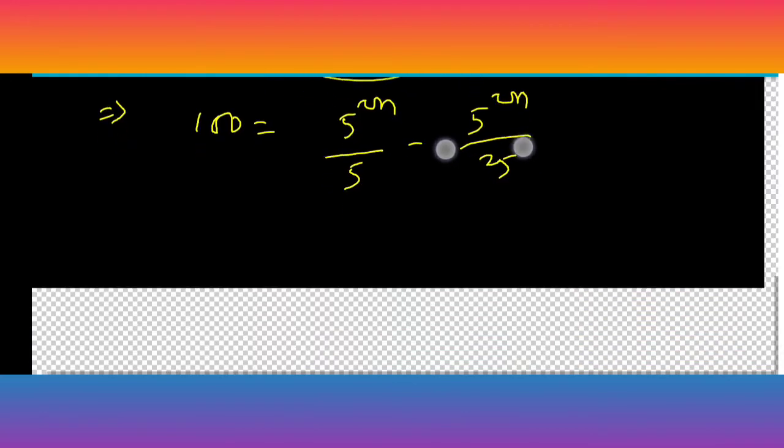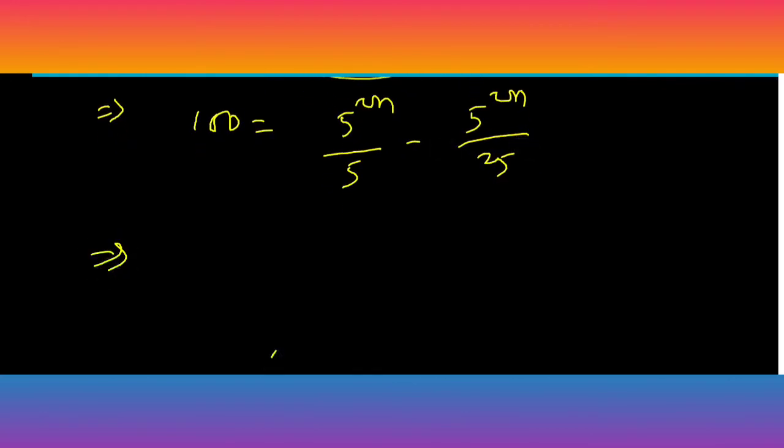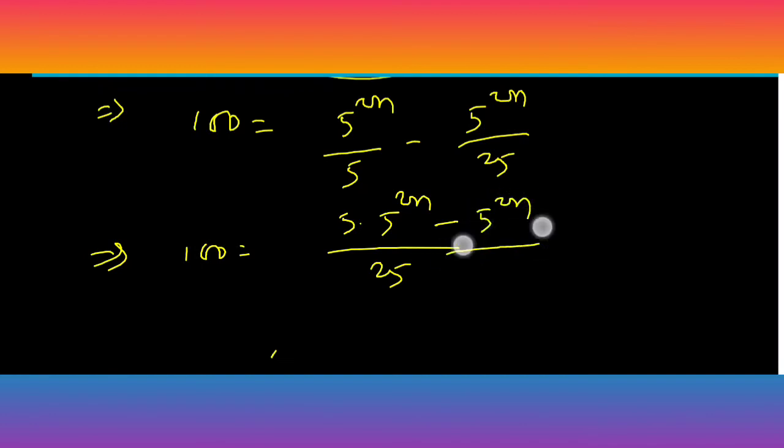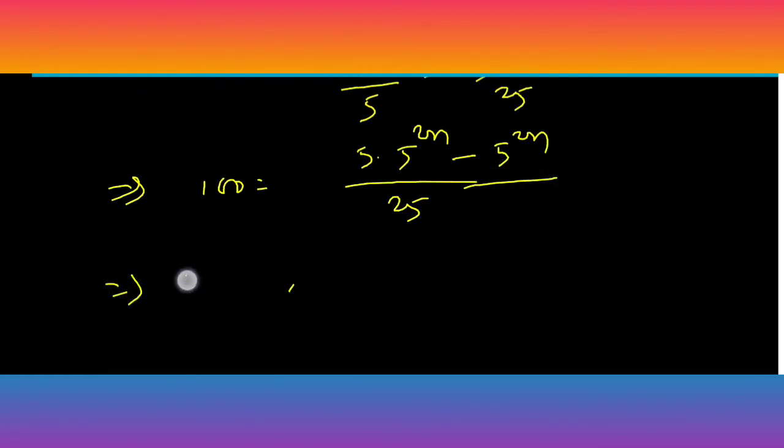So now here is 100, simplify, the LCM is 25. So here 5 into 5 to the power of 2n, and here is 25, so here is minus 5 to the power of 2n. Okay, so it becomes 100 on the LHS side. Suppose we take common 5 to the power of 2n.